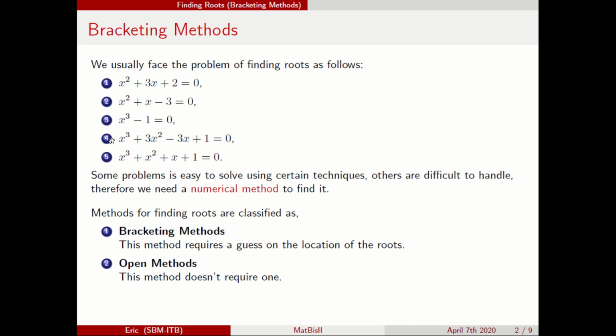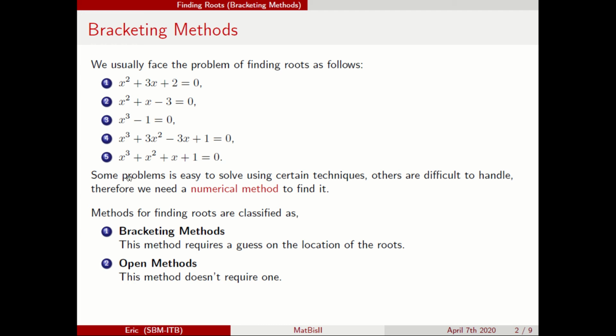So what about if I have this one? There is a formula that we usually call the Cardano formula. For number 5, you can use the Cardano formula also, but it is very burdensome.